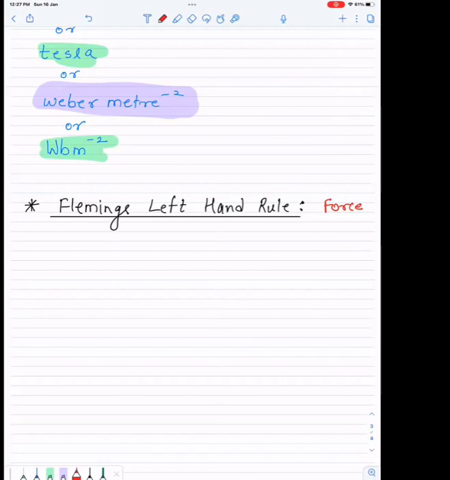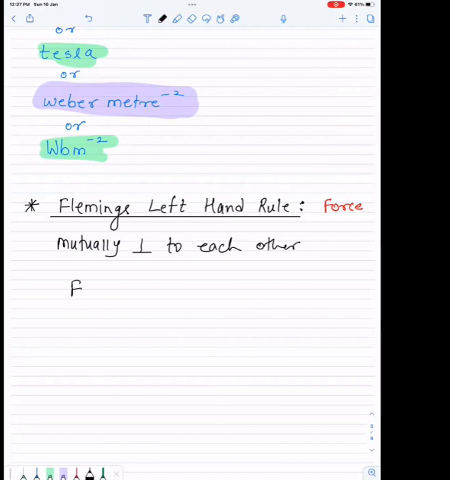Now, so what is Fleming's left hand rule? It states that if you stretch your fingers mutually perpendicular to each other, but I'll tell you which fingers. All of them can't be mutually perpendicular to each other.